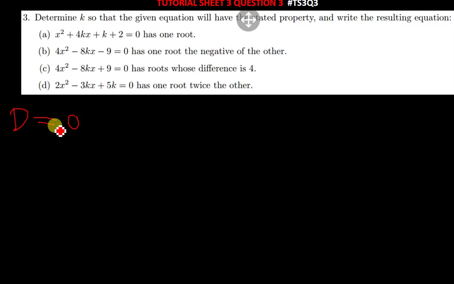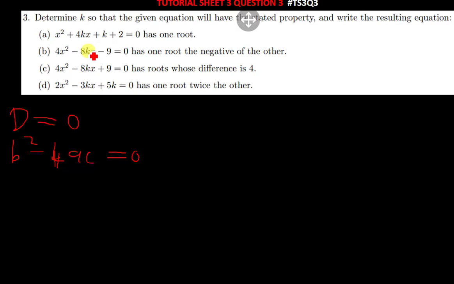You can either go by the formula, or by the method of using the discriminant, or just by using the same roots to find the value of K. The simplest method on question A that I can use is using the discriminant. So it means that the discriminant is equal to 0, meaning b squared minus 4ac is equal to 0.